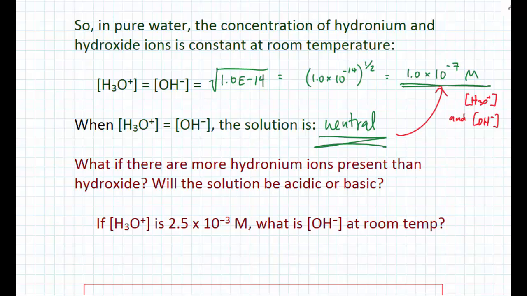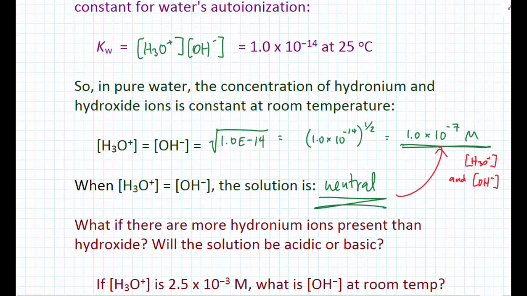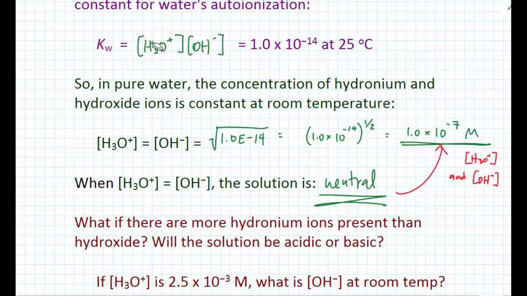Now, in a solution that's not pure water, in a solution where we've added an acid or a base, that will form excess hydronium ions or excess hydroxide ions. But because of this equilibrium, no matter how much of one of those we add, the equilibrium is going to establish itself so that their product is equal to 10 to the minus 14.